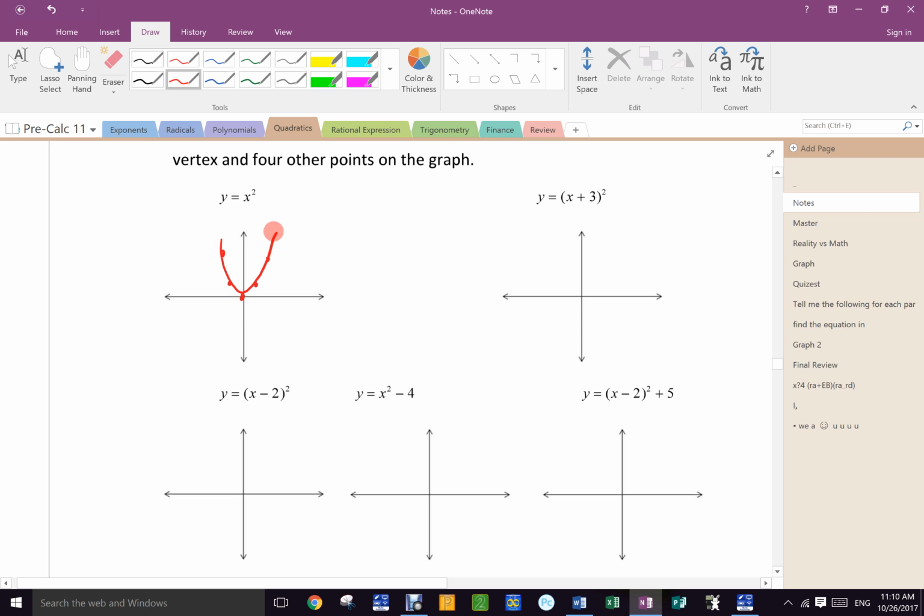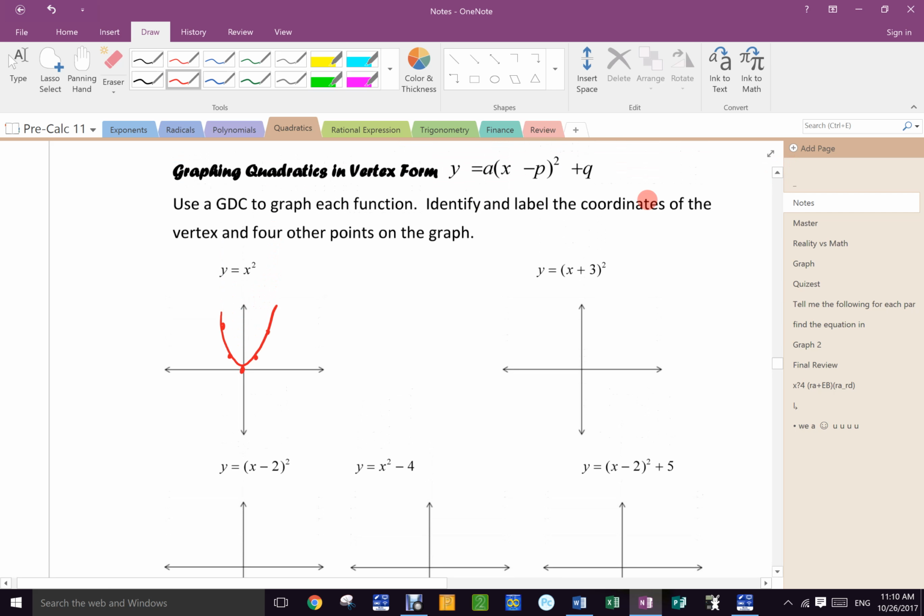Graph. And it says I want the vertex and 4 other points. Change that to 2. What's the vertex here? 0, 0. Any 2 other points on the graph? 1, 1, and 2, 4 would be fine.